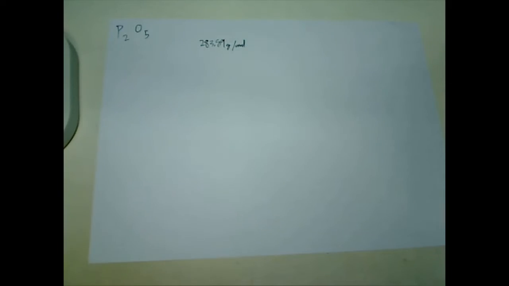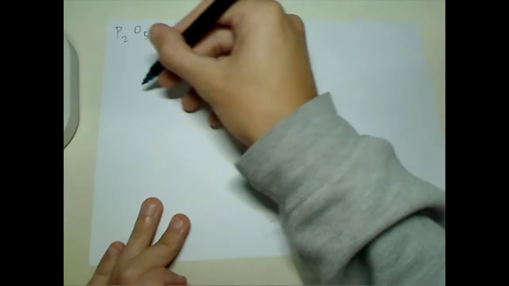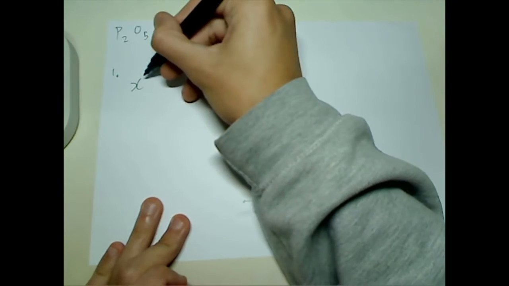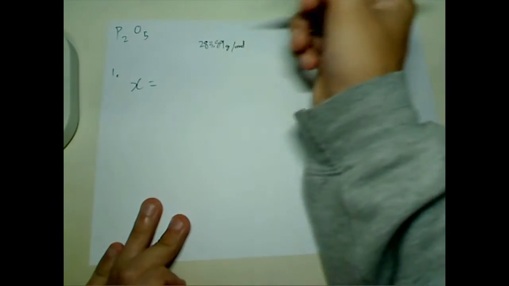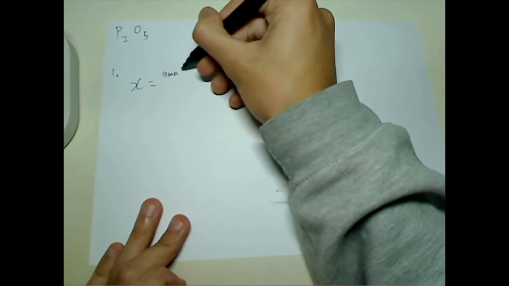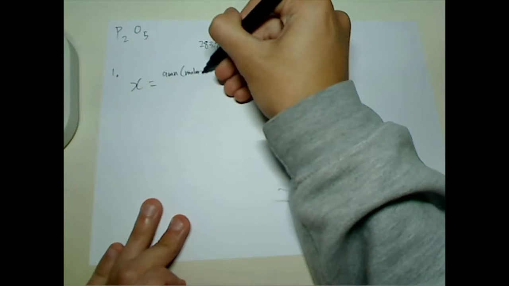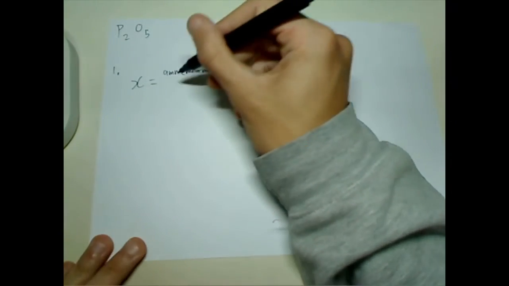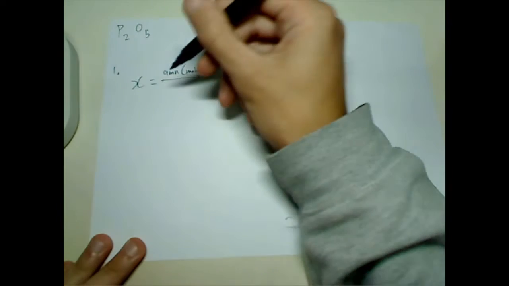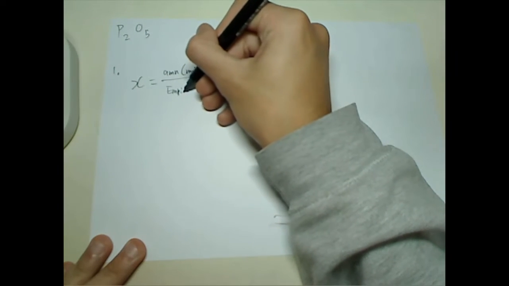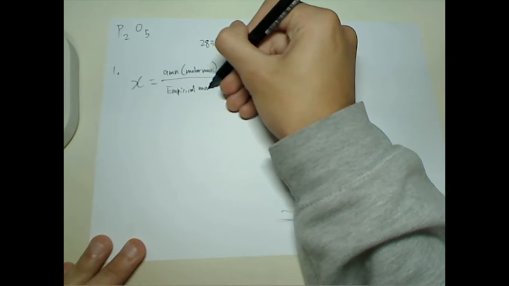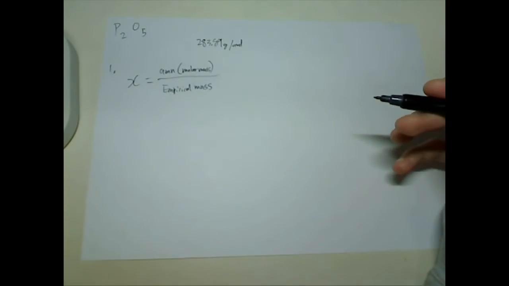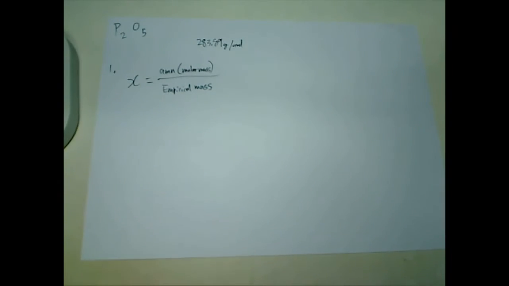So first step, there's one formula we have to keep in mind, which is X equals molecular mass, which is AMU, divided by empirical mass. And using this, we can basically find the molecular formula of any compound.